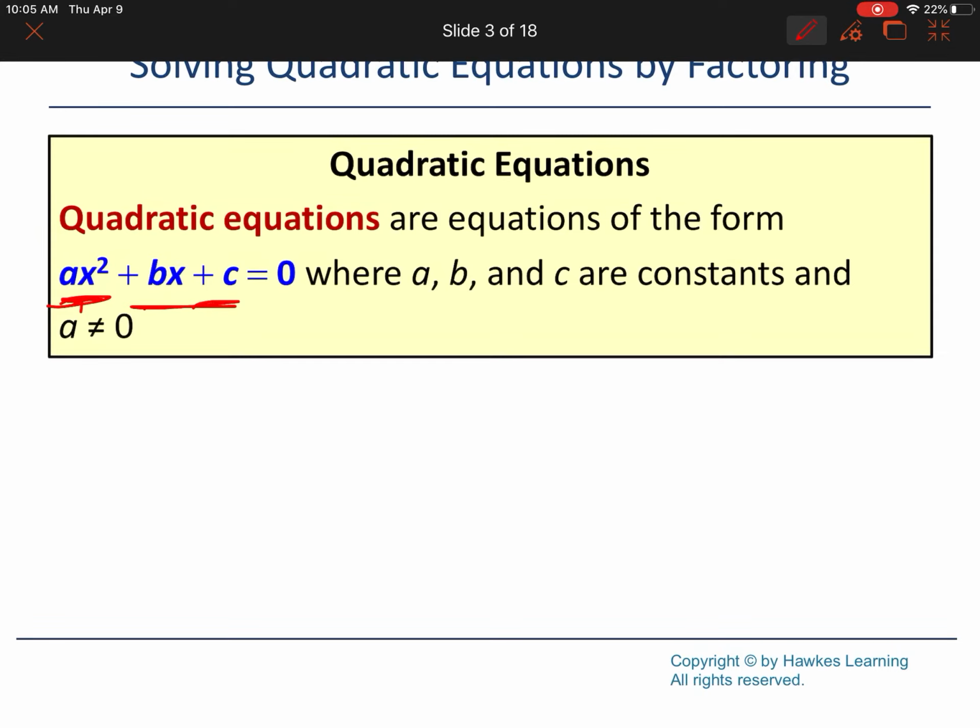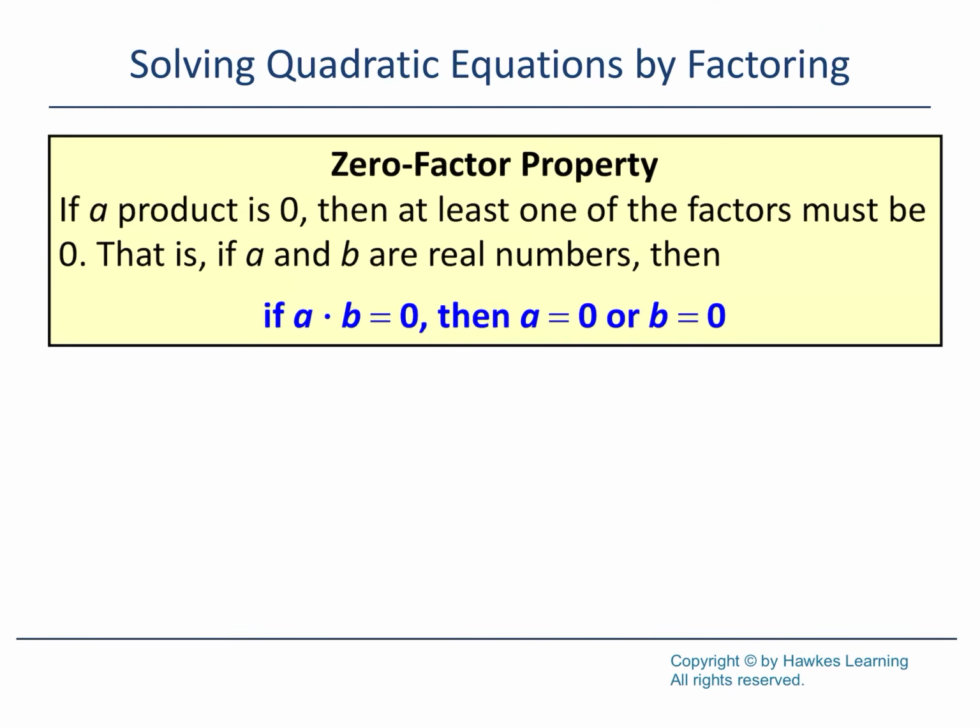Okay, so we're going to use this property of the zero factor property. And we talked a little bit about this in previous sections when we talked about all the properties. In fact, I think on the test you had to tell me about the zero property, and that is that if two things are multiplied together, and they equal 0, one of them had to be 0.